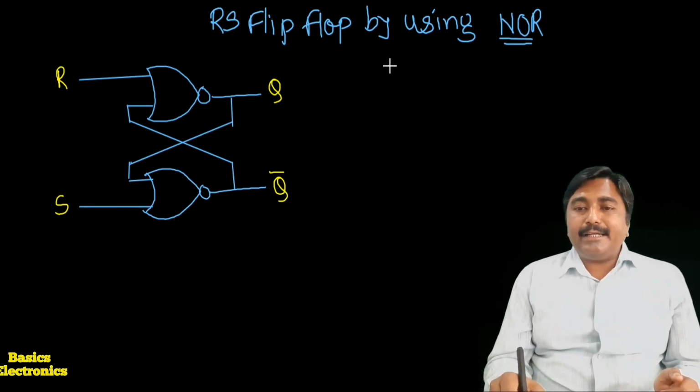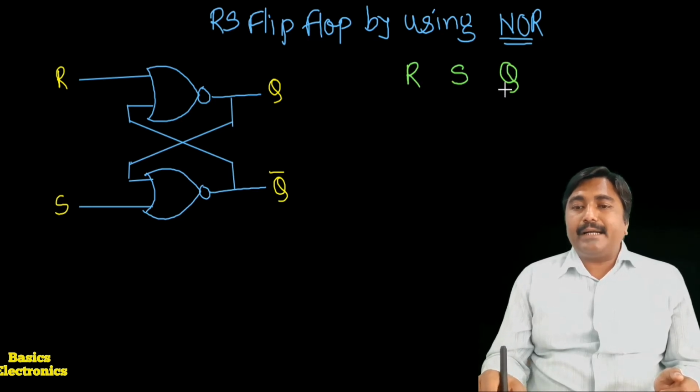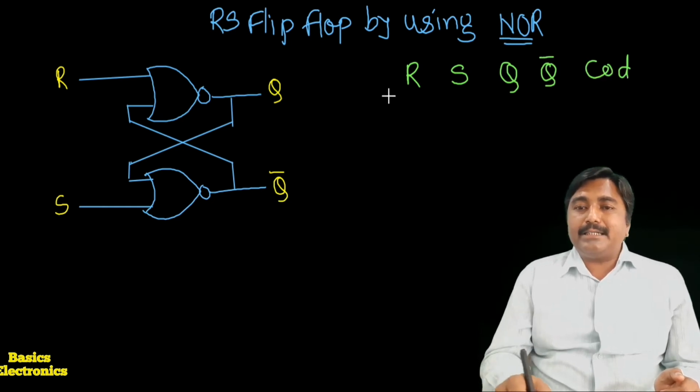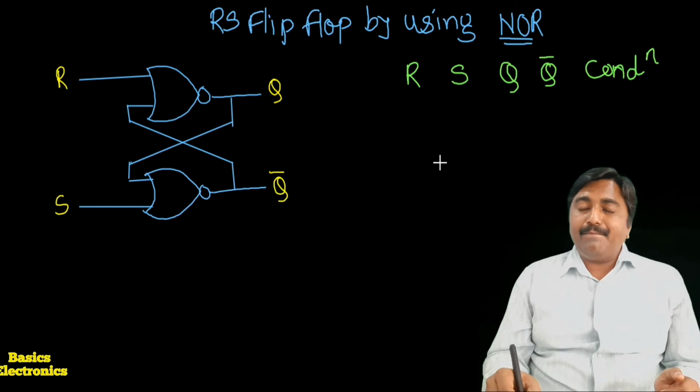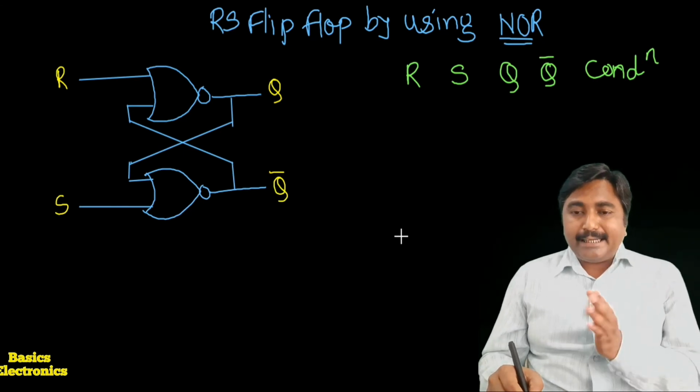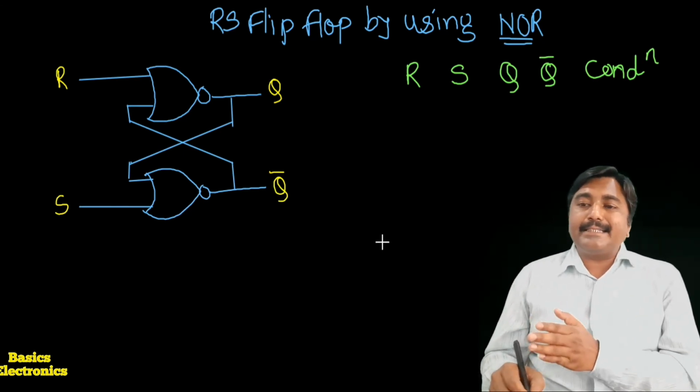In the truth table the inputs are the R input and the S input, and the outputs we tabulate are Q and Q bar, and here we mention the condition of the flip-flop. Condition means either the flip-flop is in the set condition or in the reset condition.